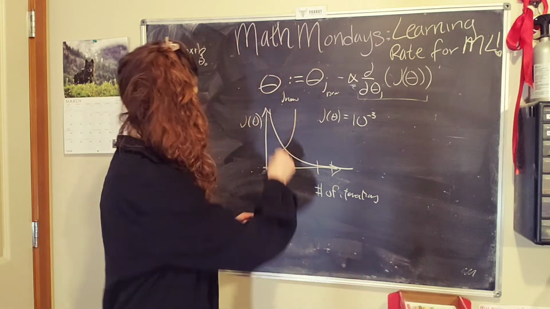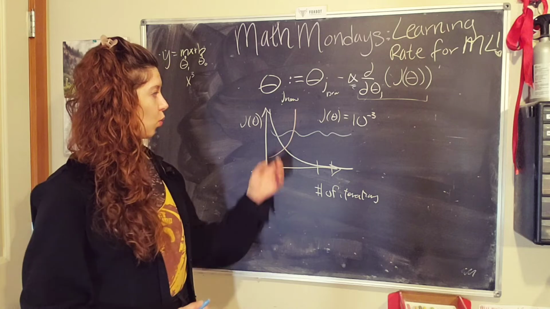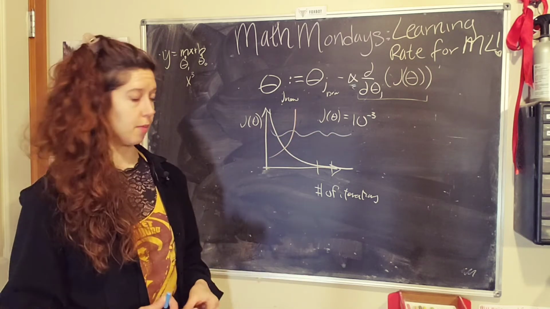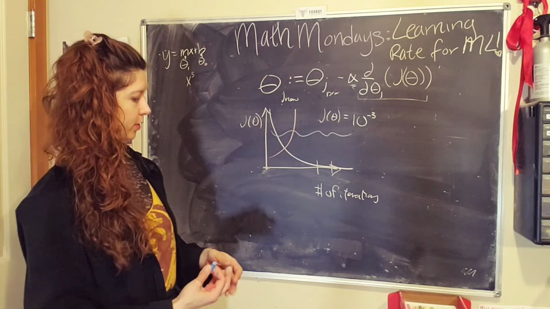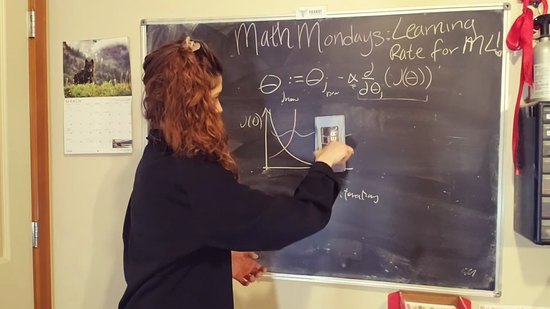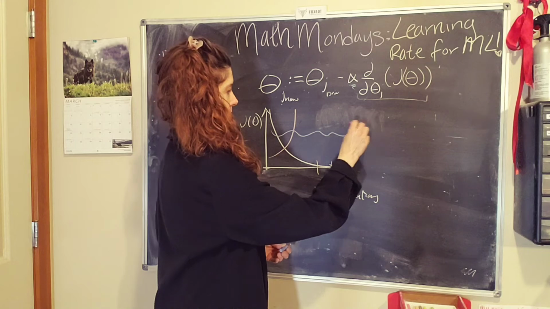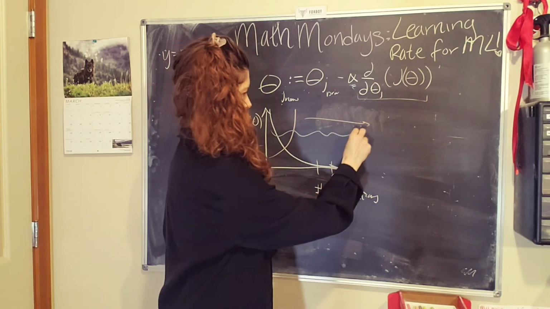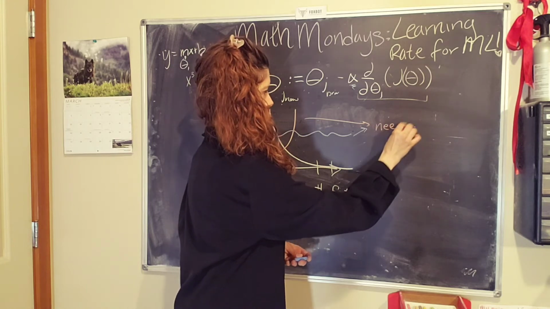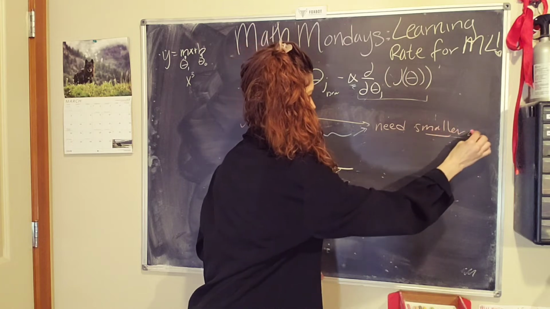You might also get a curve that looks like this, where it's decreasing and then going up, and it's oscillating about an average value. In both of these situations, what you're going to want to do is draw little arrows, and I'm going to write it in red because it's really important: need smaller learning rate.